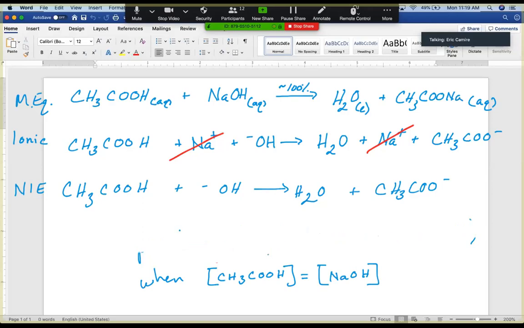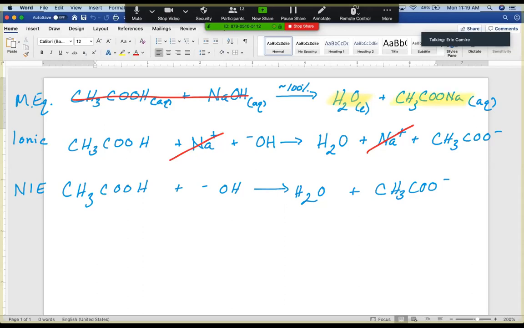So 2 ways I can look at it again, the quick way and then the longer way. Quick way tells me, well, if I have 100% formed products, I'm assuming that all of this is just gone. We're assuming because they're equal, they both get consumed, they're both gone. I have water and a salt.